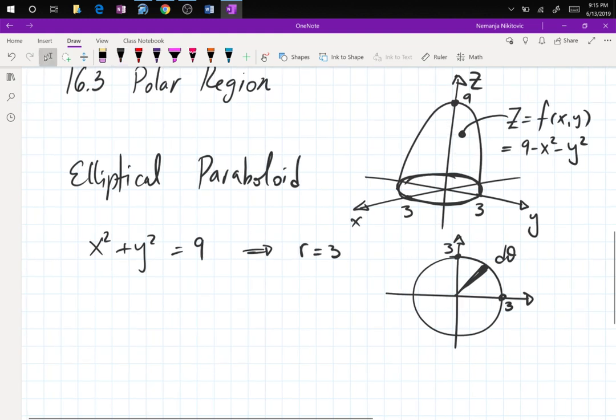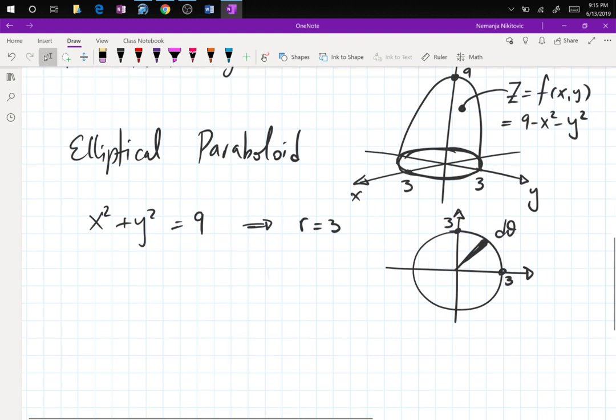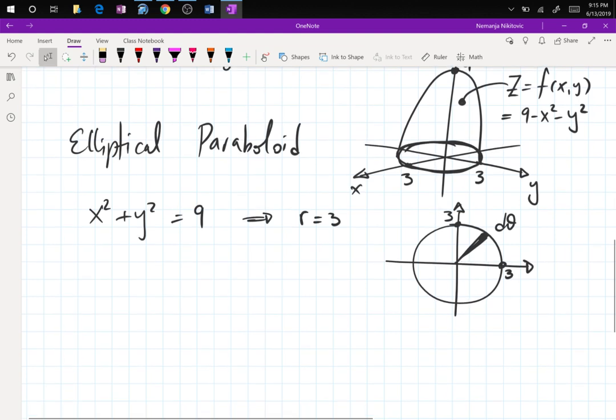And if you want to set this up in rectangular coordinates, holy nightmare, this integral is annoying and terrible. Really terrible. Because if you want to use the 16.2 method to solve this, the volume will be equal to the double integral from negative 3 to 3, negative square root of 9 minus x squared to positive square root of 9 minus x squared.